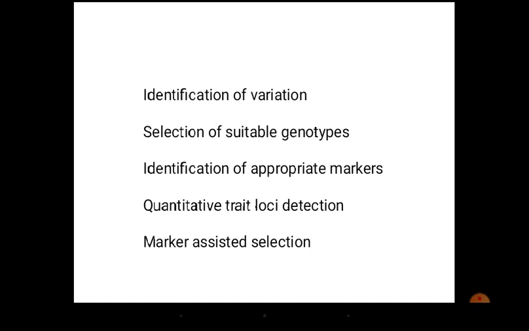Okay, so when we identify that, a main advantage is we don't have to wait for the animal to express. All the animals need not complete their recording period, that is 5 years, 6 years. If the accuracy of allotting a particular gene to a particular variation in the economic character is accurate, then we can do the screening at an earlier age only.